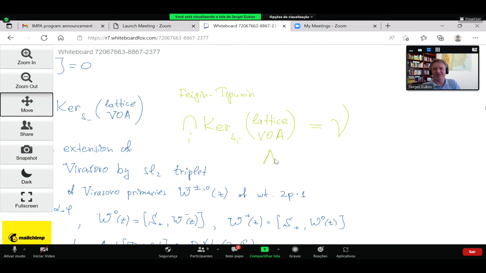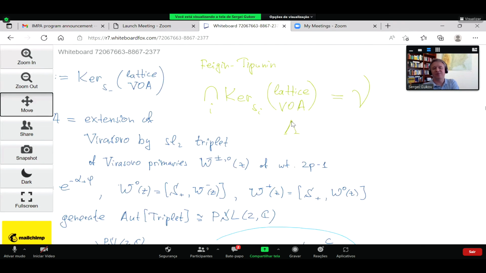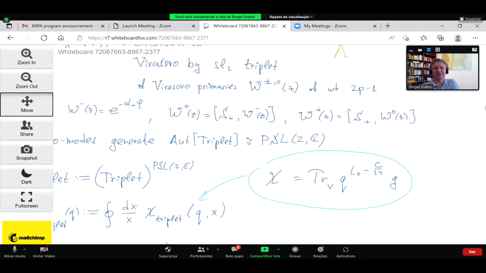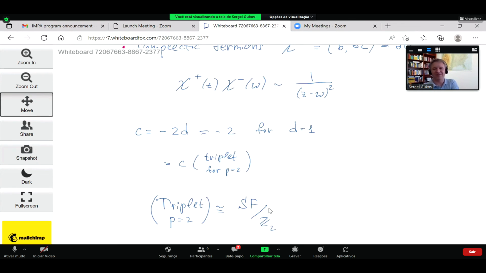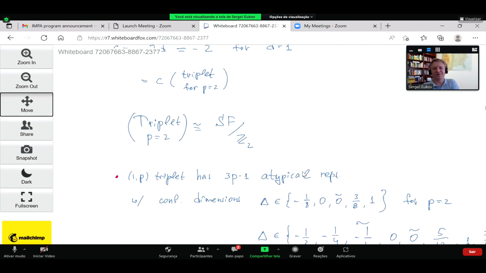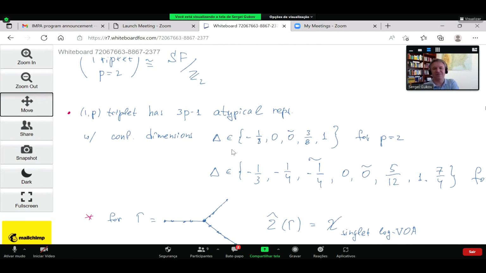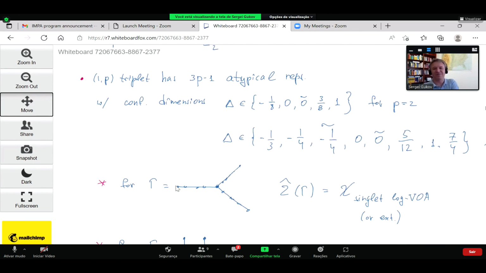So it seems, and I don't have a good proof of this or even enough experimental evidence, but I could put this as yet another problem on the list, that the log VOA that appears in these manifold examples is related to the lattice Lambda, which is the lattice spanned on high valency vertices. In other words, we don't care about vertices in this graph of valency 0, 1, or 2, such as, for example, the end nodes of this graph, which would be valency 1, and some intermediate ones which would be valency 2.